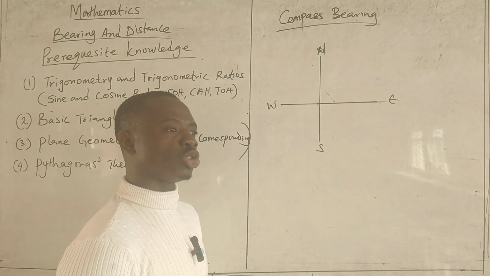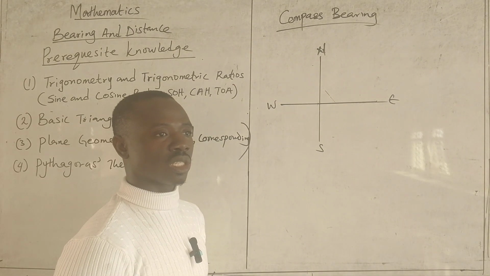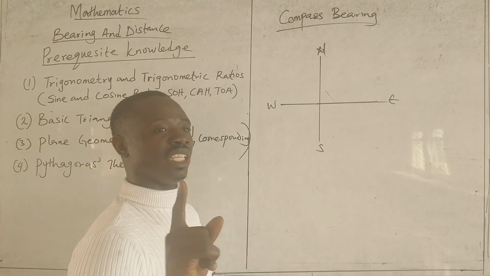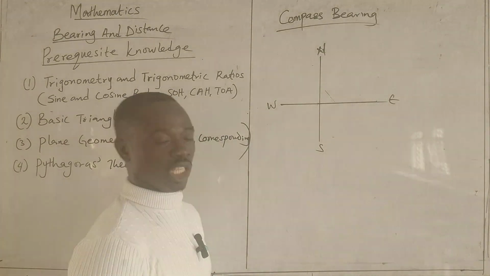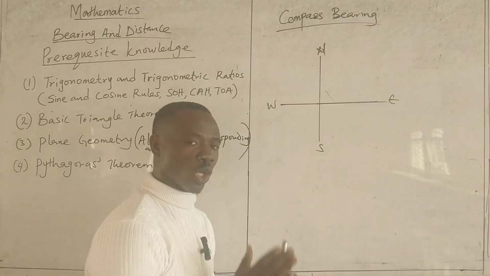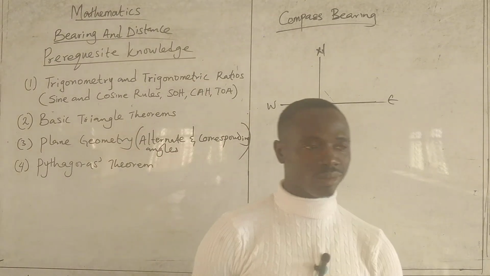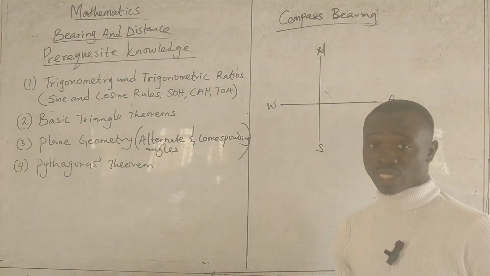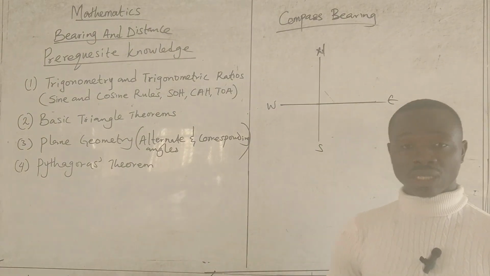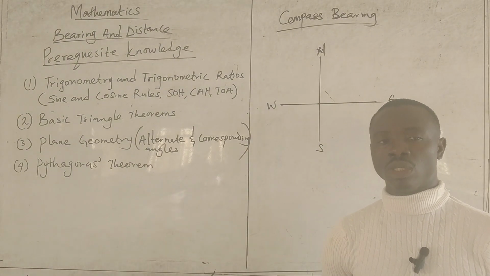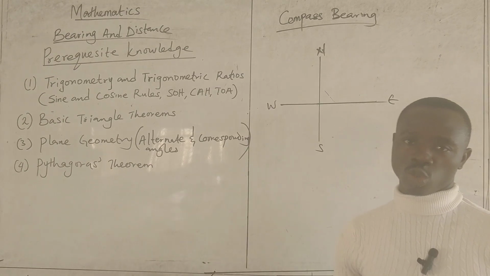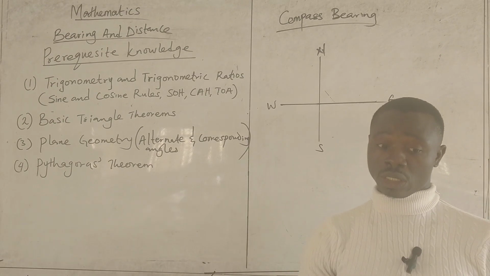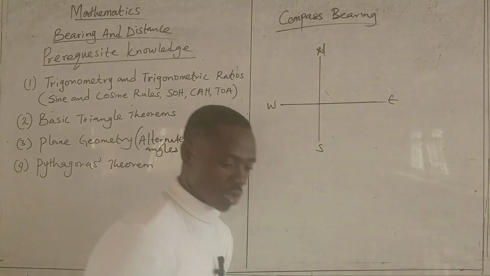So for example, if they say you should draw an angle 50 degrees northeast. Now northeast is the same as east of north. When they say northwest, northwest is the same as west of north. Then when they say southeast, southeast is the same thing as east of south. Then guess what southwest is going to be? West of south. So that's correct.